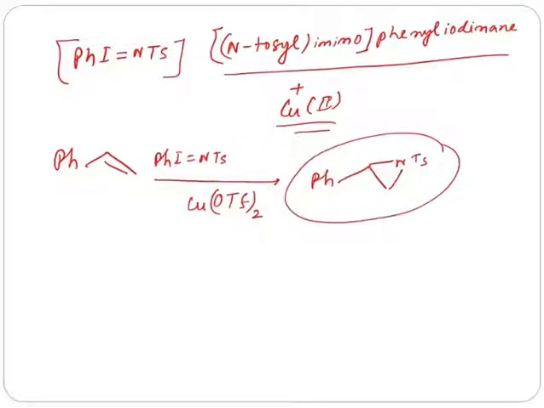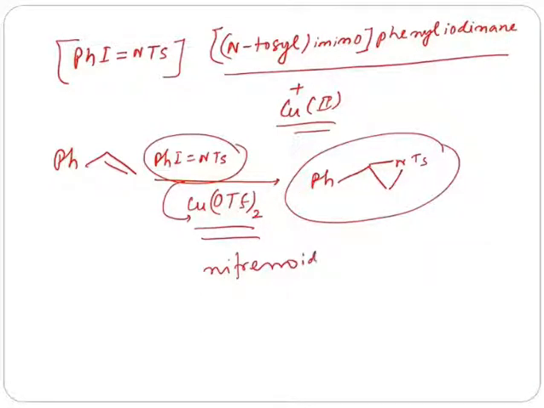And here, this is the source of nitrene. It is coordinated with the transition metal copper to give nitrenoid. And this nitrenoid is inserted into the olefin to give aziridine.